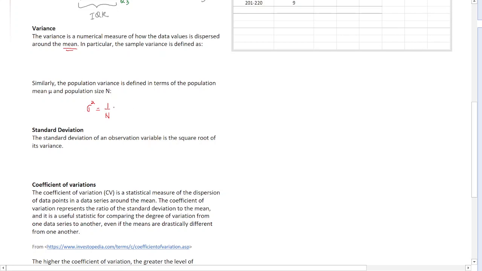Okay, and then you multiply with the summation of the difference between the x value, the data's value, with the population mean. Sorry, so we need the population mean.